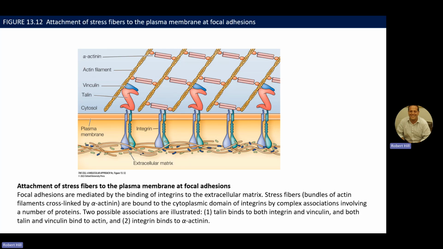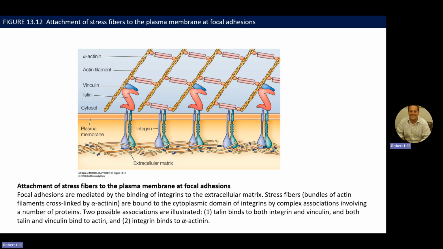And the talin and the vinculin are adapter proteins that connect to the cytosolic side of the transmembrane integrins and also bind to actin. Right, so a complex network that provides anchoring to the extracellular matrix, but these molecules also provide signaling as well.